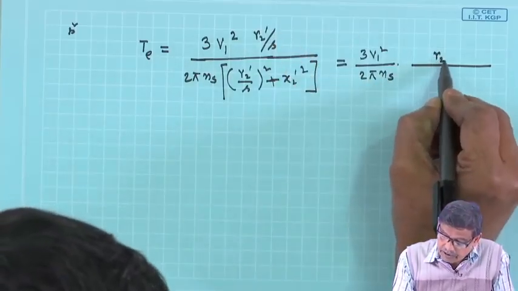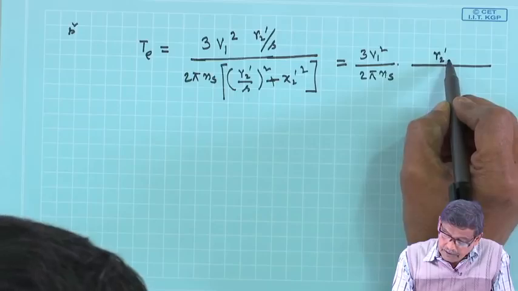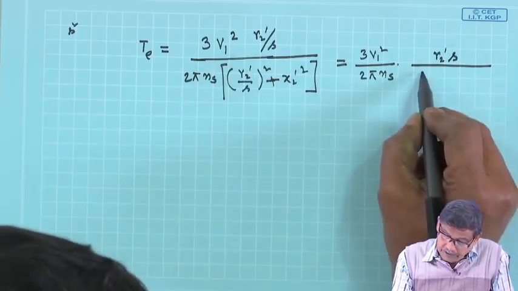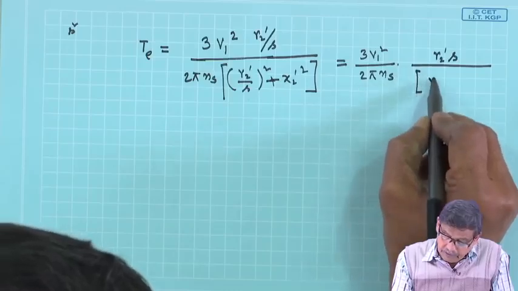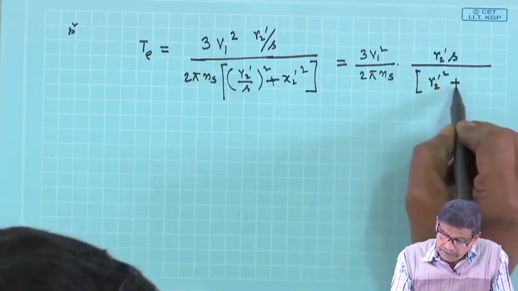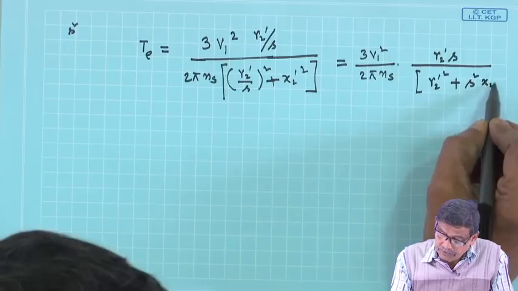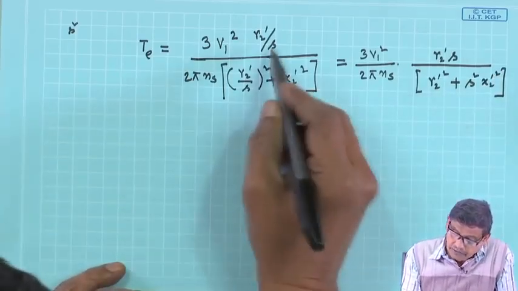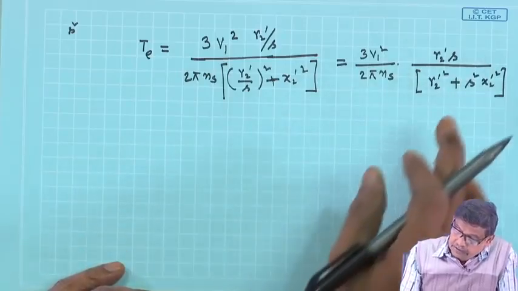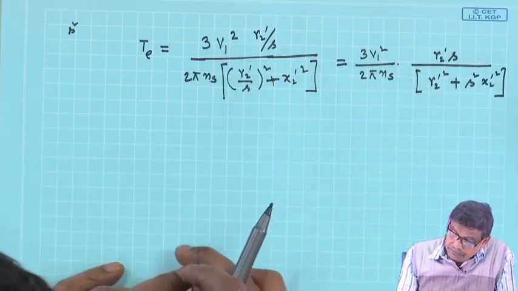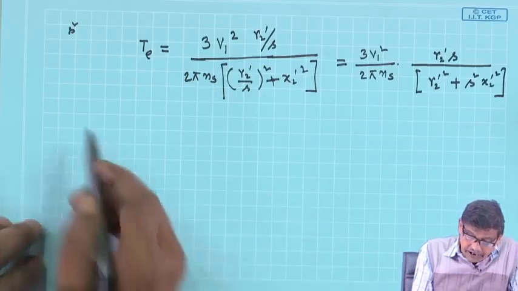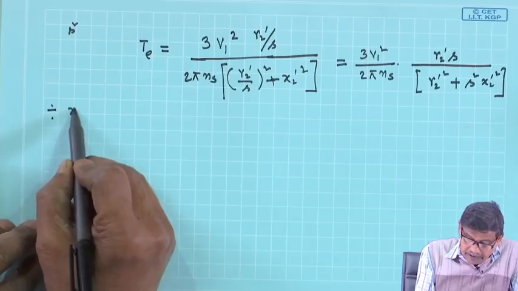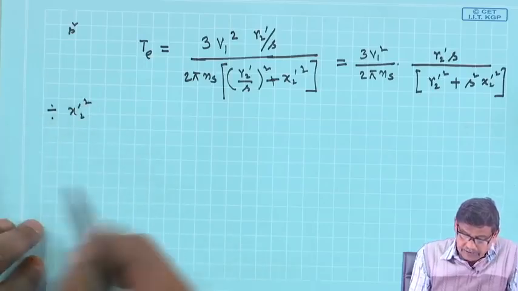So, it will become R2 dashed into S, divided by R2 dashed squared plus S squared X2 dashed squared. One S goes in the numerator. Then you divide both numerator and denominator by X2 dashed squared.